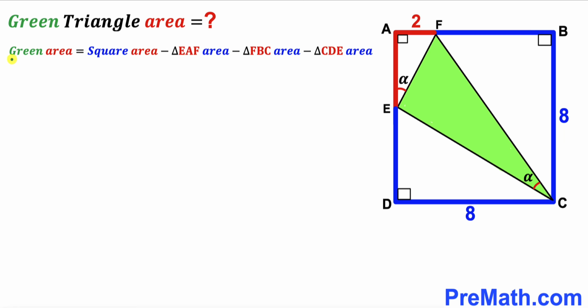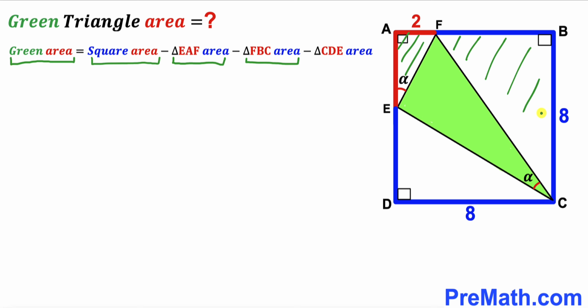This green shaded triangle area is going to be equal to the area of the blue square minus the area of the triangle EAF, minus the triangle FBC area, and finally minus the triangle CDE area. We are talking about this right triangle CDE area.